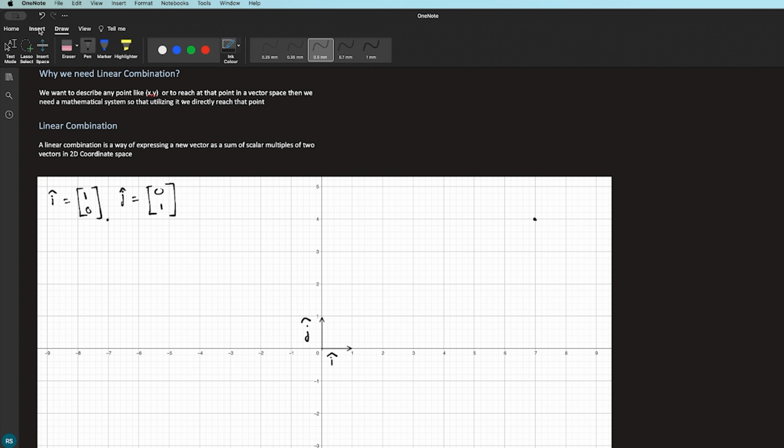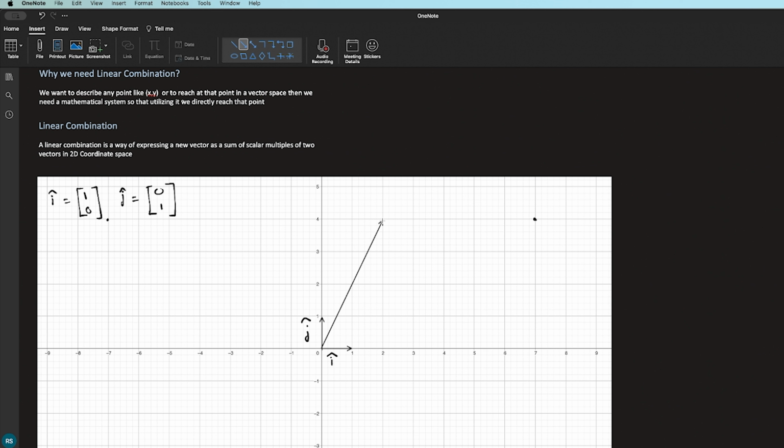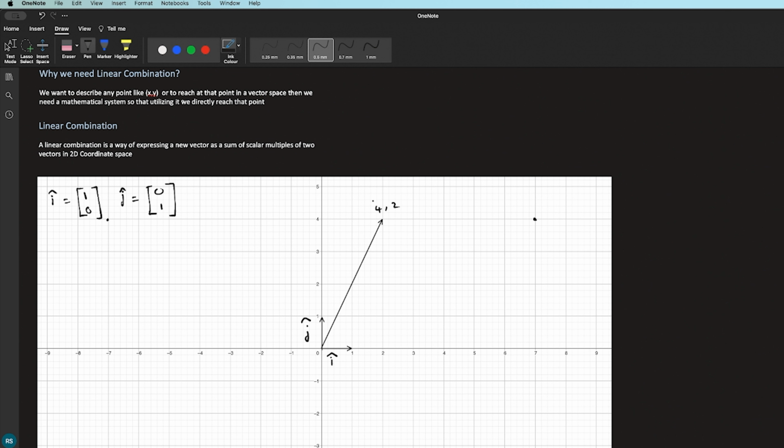Now my purpose is to reach a particular vector. I am drawing one vector here. This is my vector, and it has components 4 comma 2, and it is denoted by vector v. I can write this vector as (4, 2).